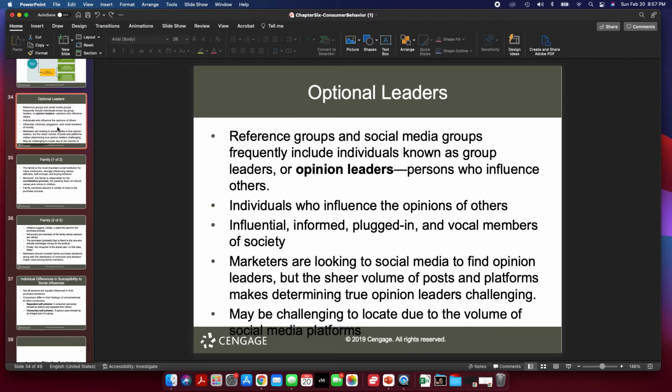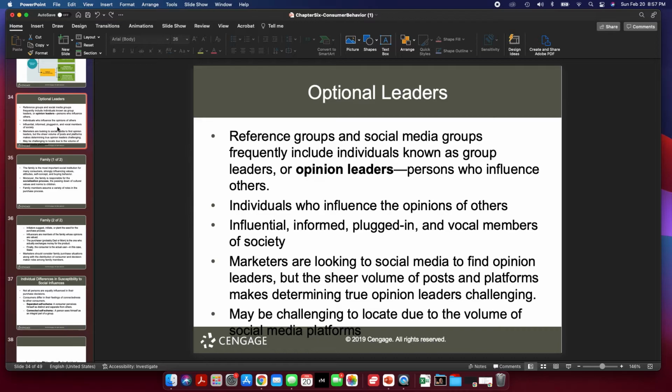They're very active. Kim is very active on social media. Marketers are looking to social media to find opinion leaders, but the sheer volume of posts and platforms makes determining true opinion leaders challenging. We typically use engagement rate. We take a look at the influencer, the opinion leader, and we look at the demographics that make up their following.